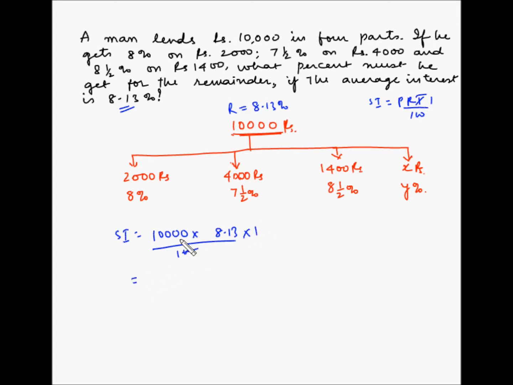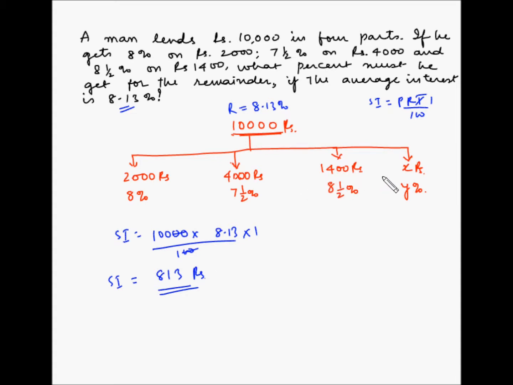So we can cancel these two zeros. So 8.13 multiplied by 100, so this becomes 813. So overall, the interest gained out of all these four transactions is rupees 813. What this means is that the total of interest for each of these is 813.